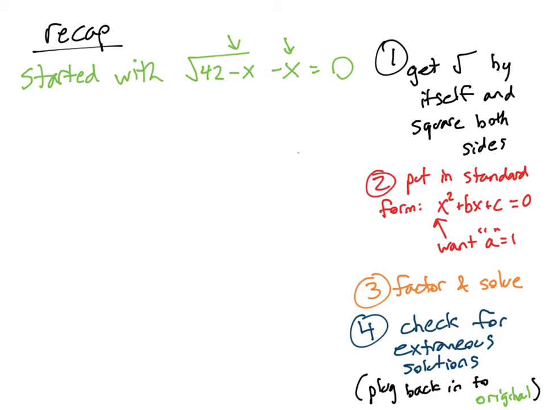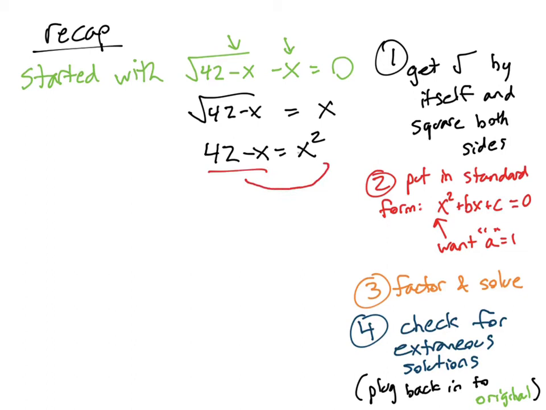And we first got the radical by itself by moving that x over to the other side. And then we squared both sides of the equal sign so that we could get rid of that square root. Once we're dealing with a polynomial equation, we moved all of the terms to the same side of the equation so that we could deal with a polynomial in standard form.